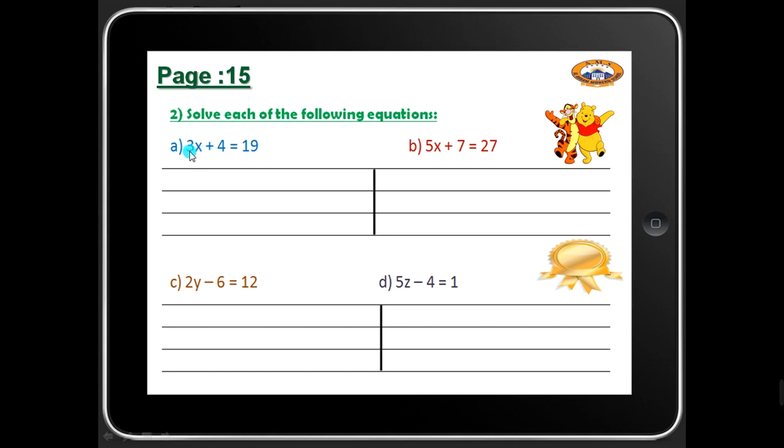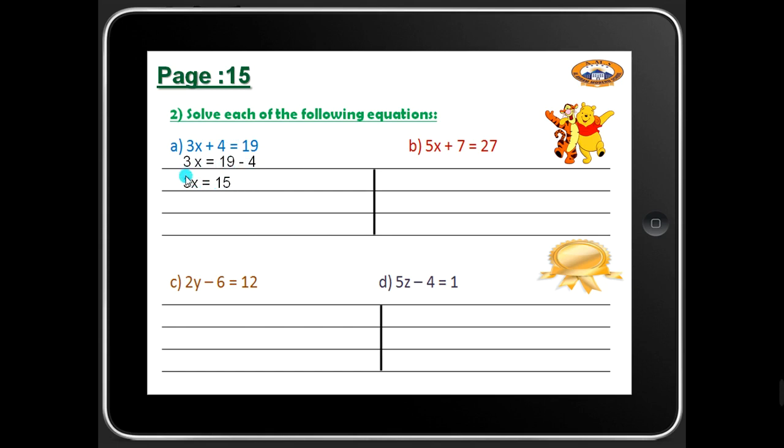Don't start with 3x because this is near the x. I will start with plus 4. So I will move plus 4 to the other part of the equation. Here it is plus, so I'm going to move it by minus. Very good. So 3x equals 19 minus 4.